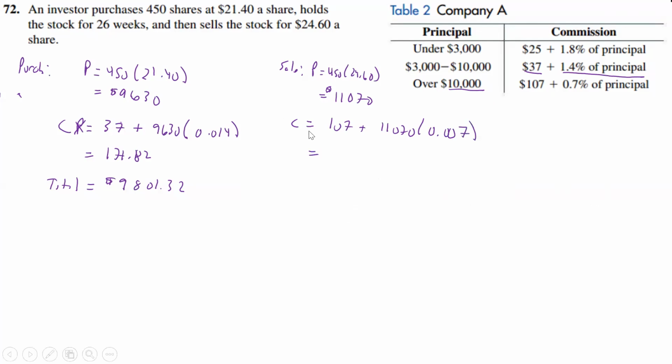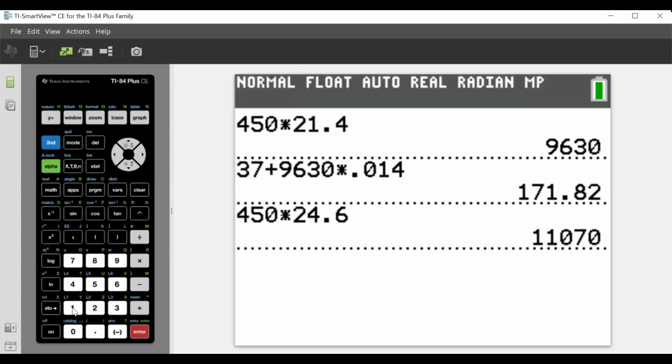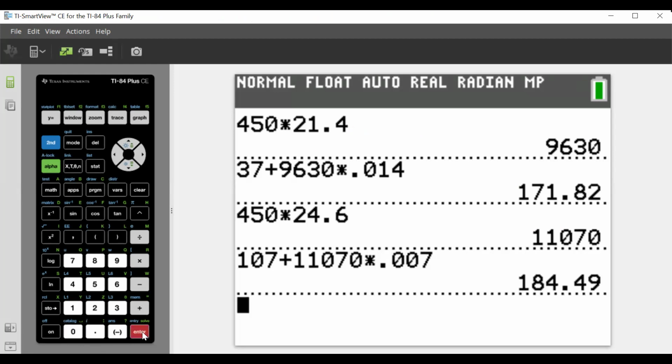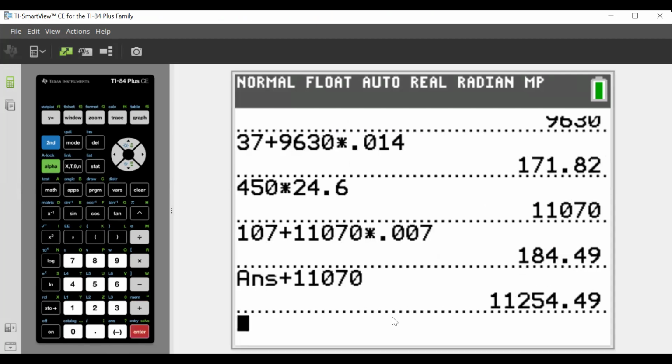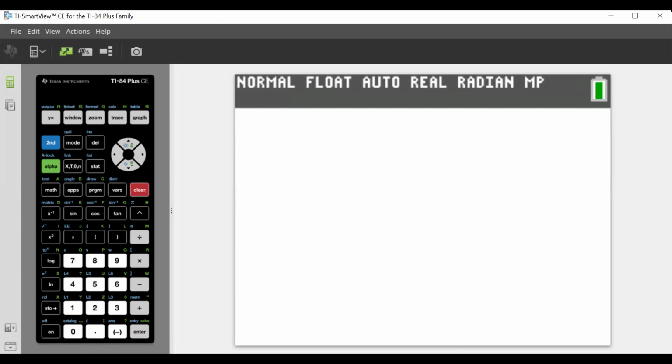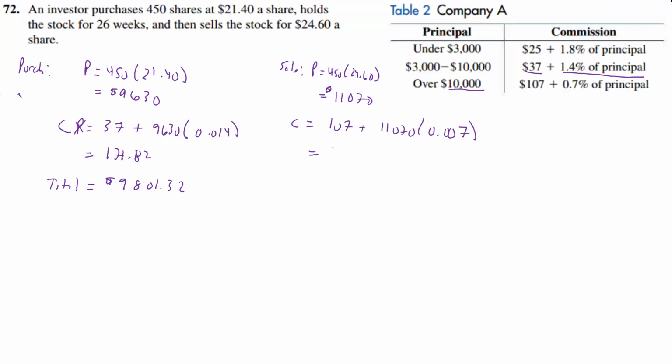If we plug that into our calculator, 107 plus 11,070 times 0.007, that gives us 184.49. And now while we're here, let's go ahead and add that to 11,070. Oh, wait. We're not going to add this time. Remember, haha. Let's just put our 184.49 here.